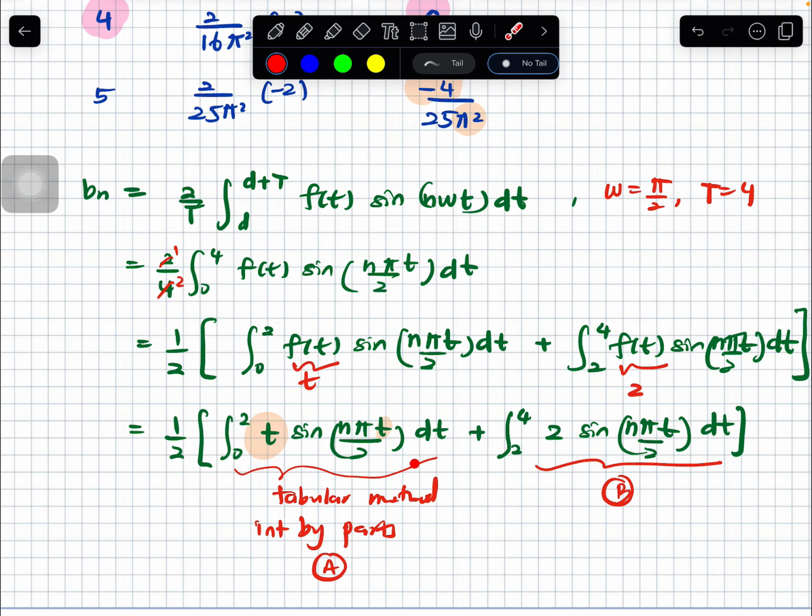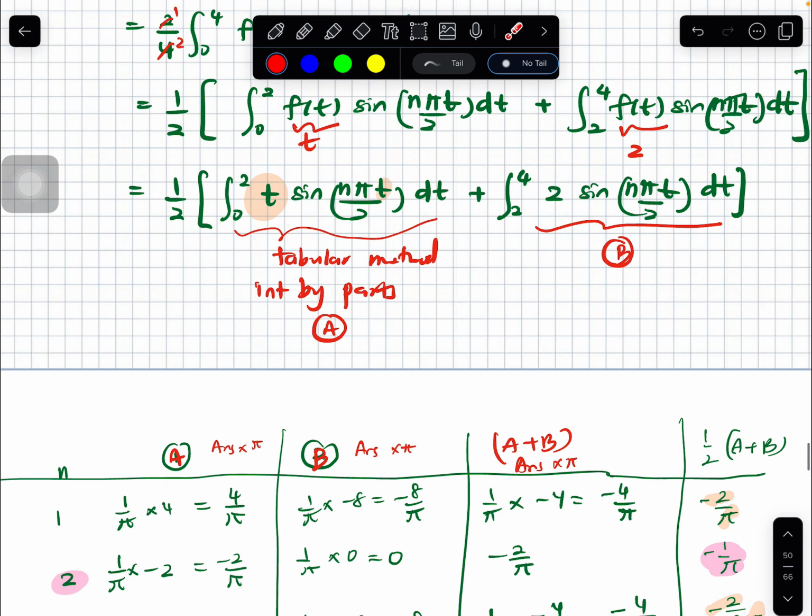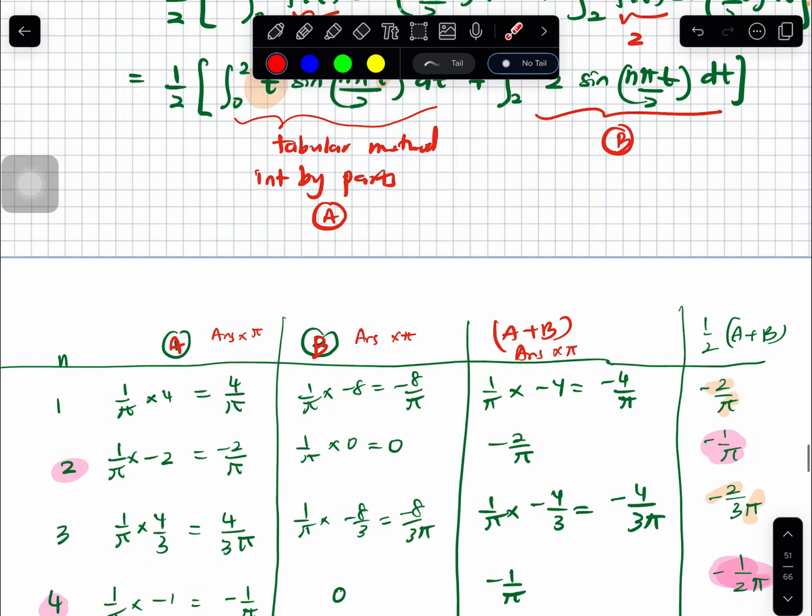So again, when you look at this integral, there is a part where t appears, so you have to use the tabular method or integration by parts, okay? And the other part can be integrated manually, okay? So we can also use the calculator.